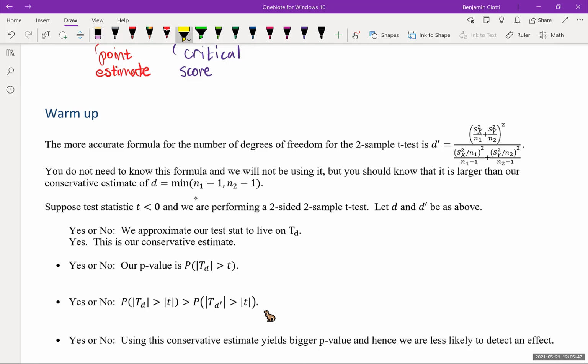Next question. Yes or no, our p-value is the probability that the absolute value of a t distribution with d degrees of freedom is greater than our test statistic. Yes or no? 27 people, let's see, 27 yeses and nos.